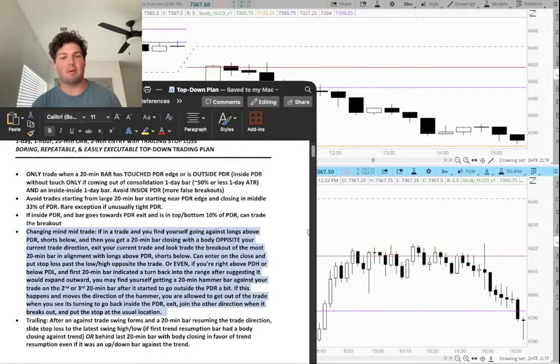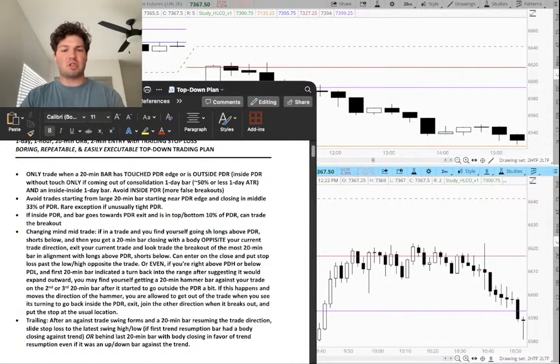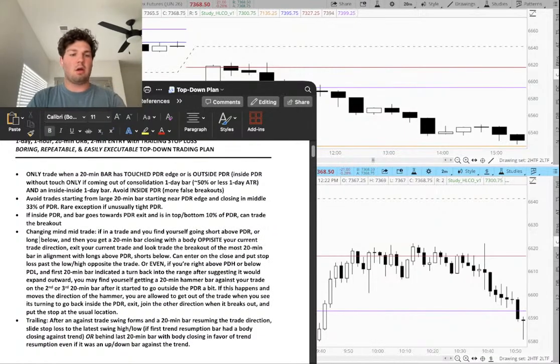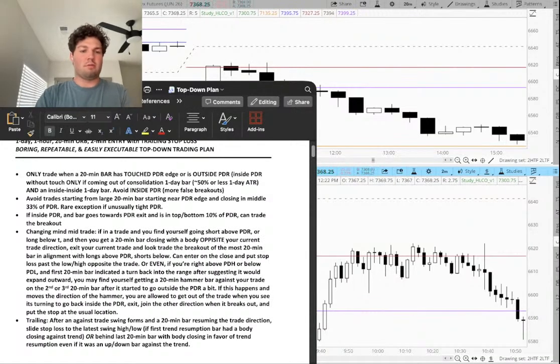So in a trade, you may find yourself going short above the prior day range, or long below the PDR.